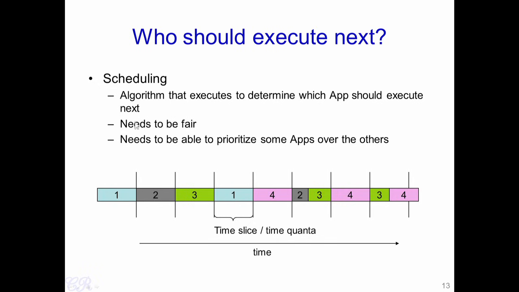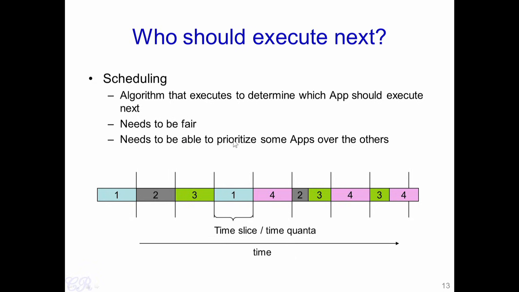Essentially, the scheduler would be designed in such a way that it needs to be fair, which means that every process or every application running on that system should get a fair share of the CPU. Also, in some systems especially, the scheduler should be designed to prioritize some applications over others.